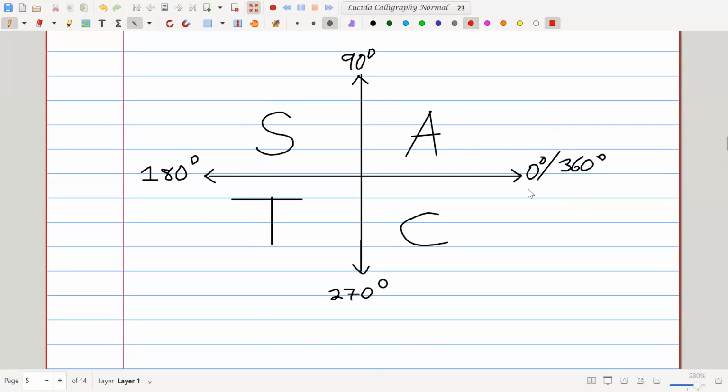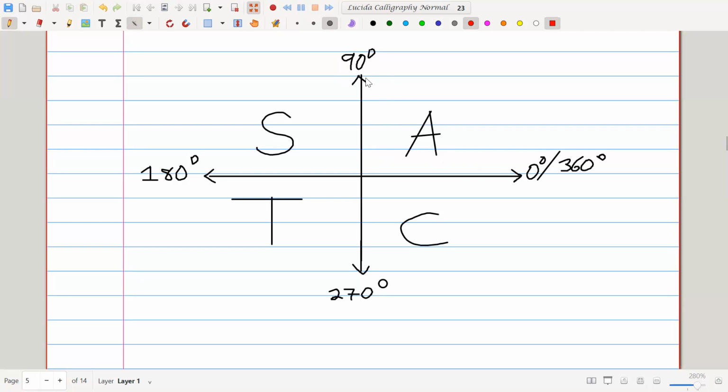In this diagram, I indicated angles. When you start from here, you'll have 0 or 360. If you go up here, the vertical line, you'll have 90 degrees. That will form a right angle triangle if you construct a triangle.